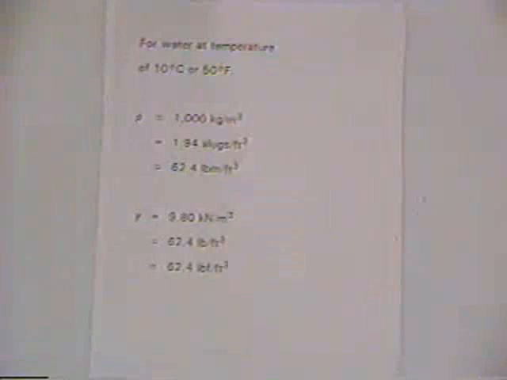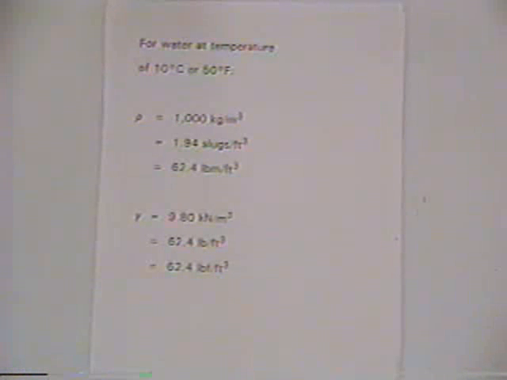Now, for gases in particular, gases are very compressible, and so density and specific weight are a function of pressure as well as temperature. Liquids in many engineering applications we treat as being incompressible, meaning that the density is constant with pressure.